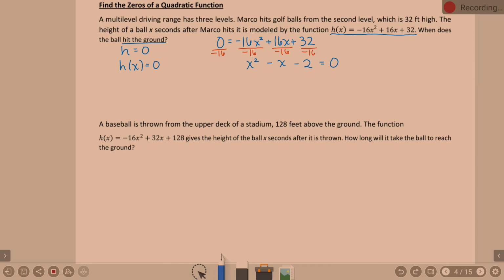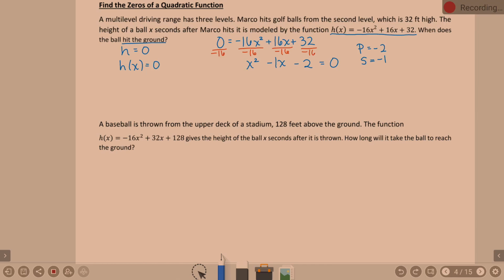Well, what's the hope? The hope is that we can factor this, yes? In order to factor this, what do we need? A product of negative 2 and a sum of negative 1.